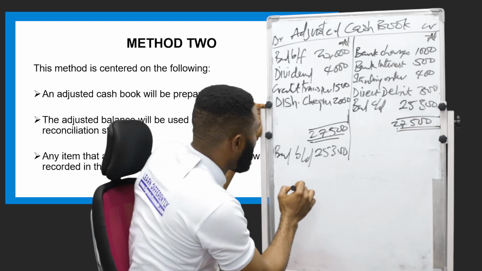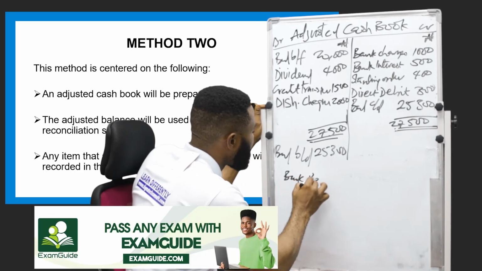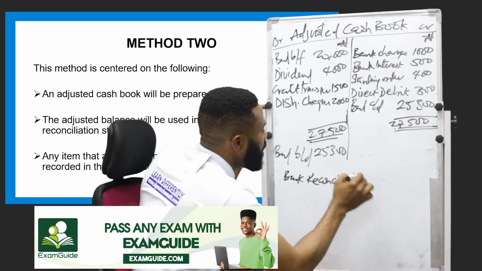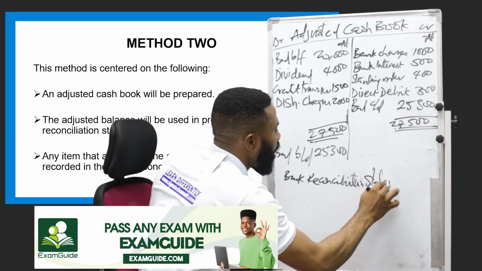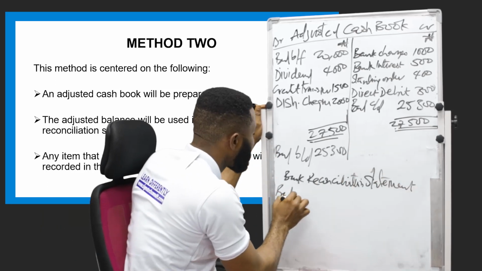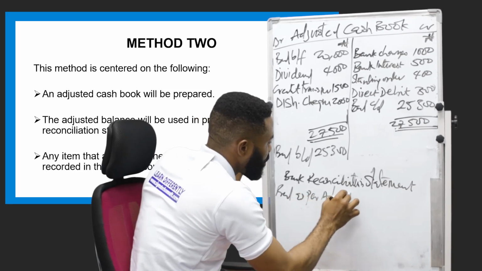So you come down and you write your bank reconciliation statement. You write balance as per adjusted cash book.